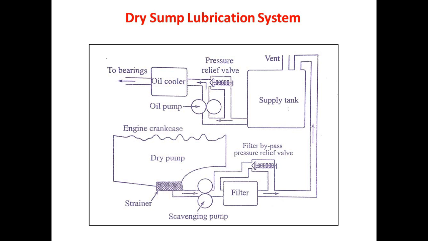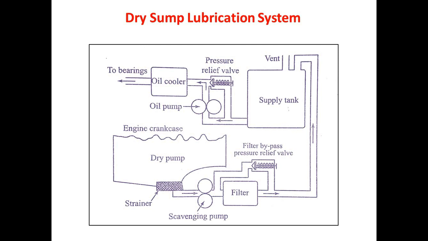Now the oil which is dripping from the different components of the engine after lubrication is collected inside the dry sump, but the scavenging pump works in such a way that it immediately removes the oil from the dry sump after the strainer, and then passes it through the filter to the supply tank.